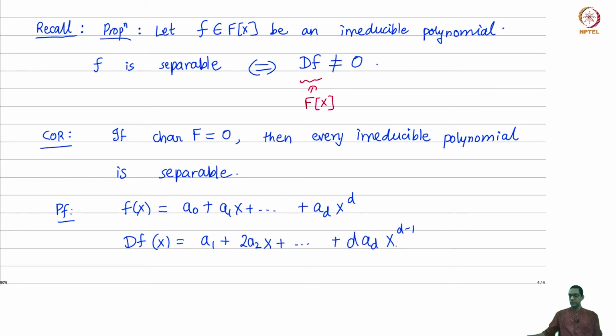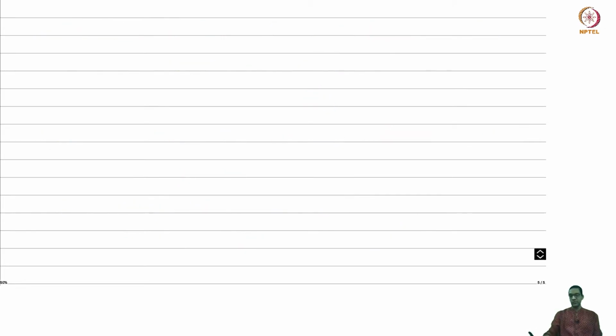And the only way in which this can be 0 is if a1, a2, up to a_d are all 0. And here observe we are using the characteristic 0 hypothesis, because saying that some multiple of a2 is 0 is the same as saying that a2 is 0. So observe that the derivative can be 0 if and only if the following equations are true: a1 is 0, 2 a2 is 0, 3 a3 is 0, and so on.